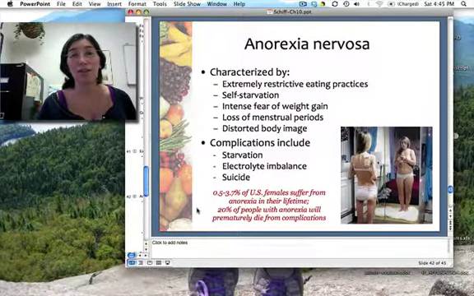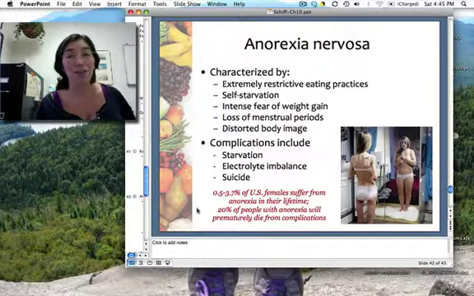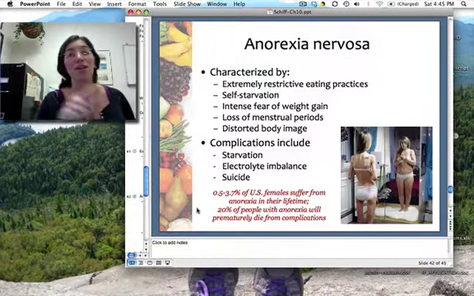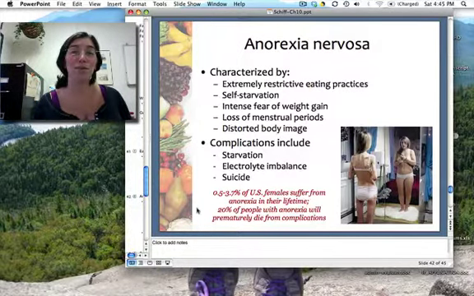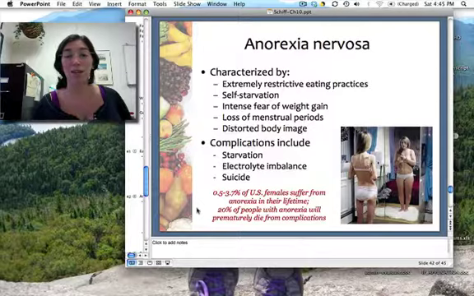And it's a difficult disease to recover from, and a lot of females do not recover. I think the stats are about 50% of females recover from anorexia nervosa. About 20% have it recurrently throughout their life and are struggling with it for very long periods of time.